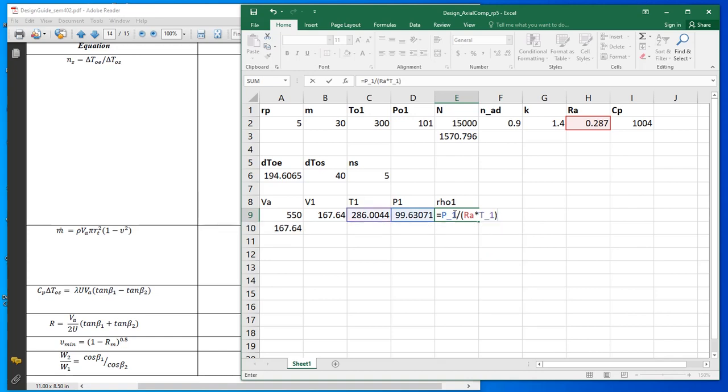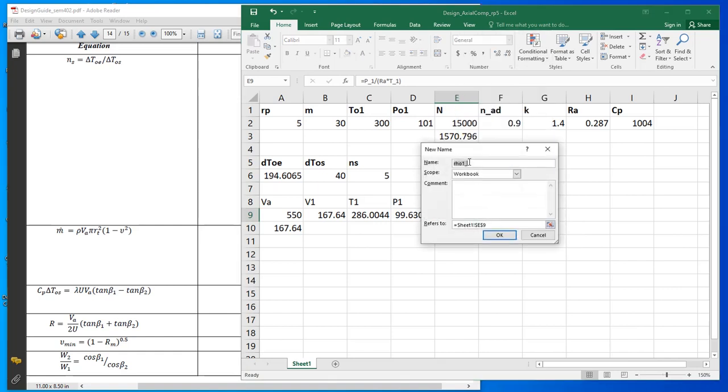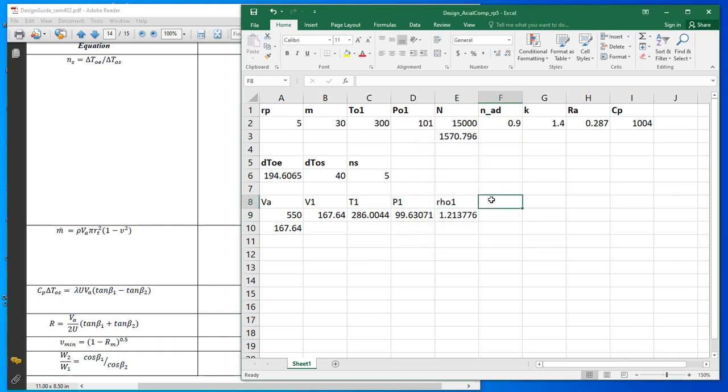That gives us our rho 1, and it is equal to 1.213776 kg per meter cube, and that value is also different from the value we obtained in our manual calculations. So let's put a name, rho 1.